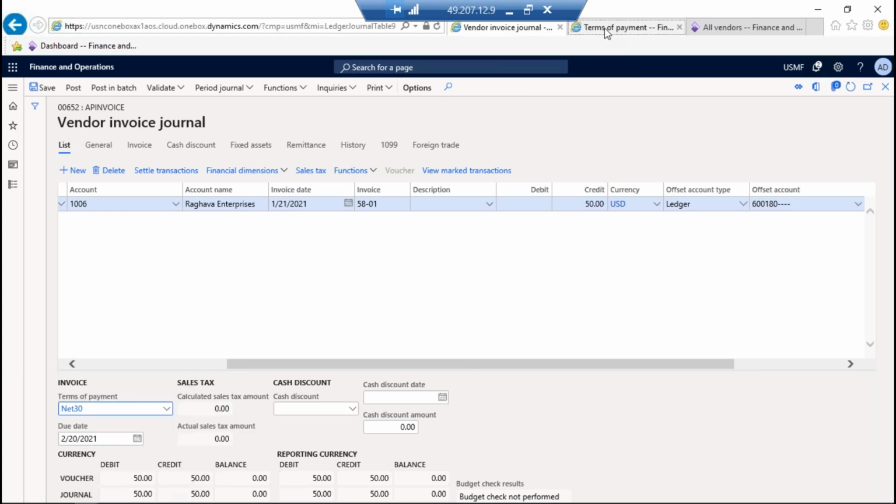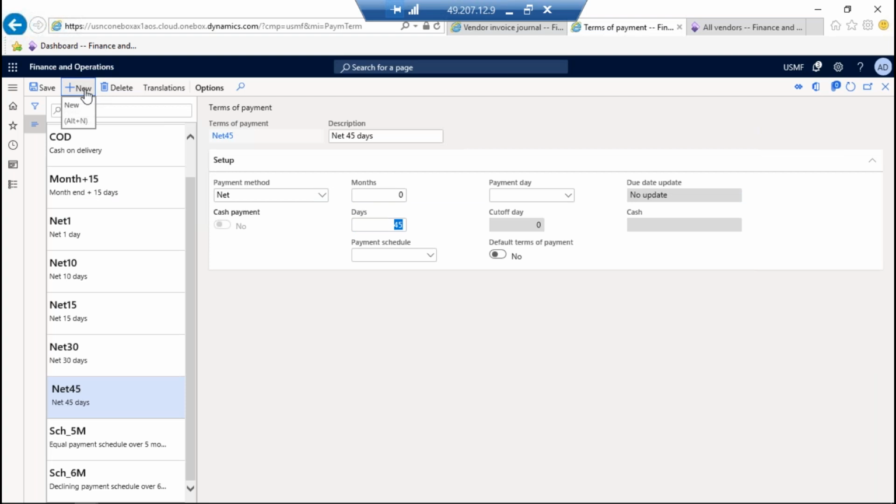Okay, now I will create 1 month exactly. I'm just creating 1 month. System will not read this description, it will validate this one. Okay, now I have created 1 month.